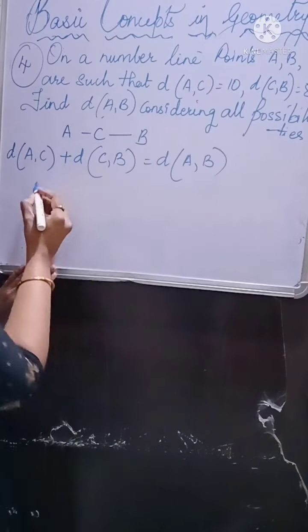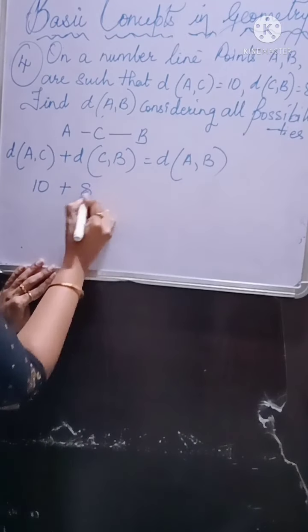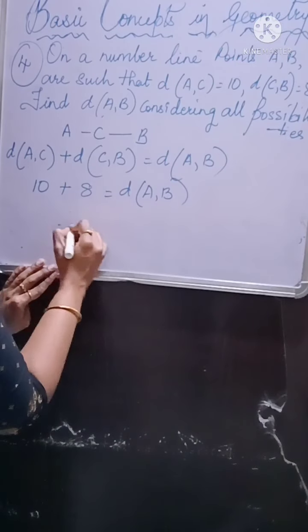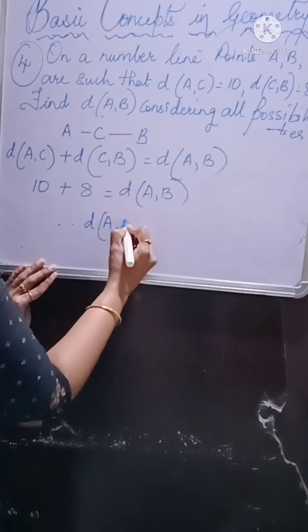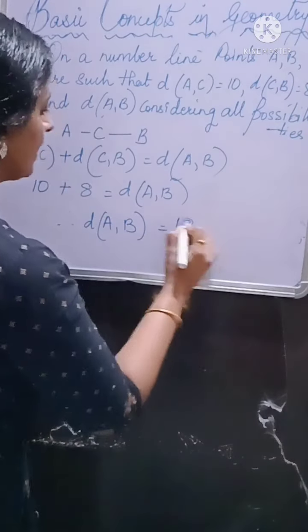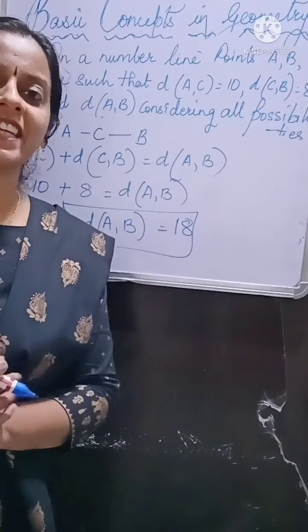Distance between A and C is given as 10 plus distance between C and B is given as 8 is equal to distance between A and B. So we got distance between A comma B as, how much is 10 plus 8? 18. From first possibility we got answer as 18.